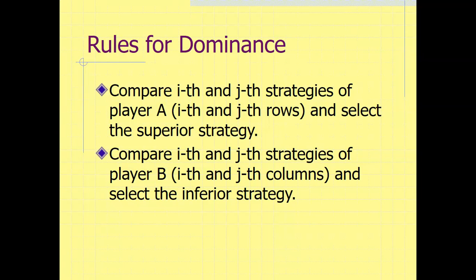If all the elements of a column of a payoff matrix are greater than or equal to the corresponding elements of the other column, then player B, the minimizing player, will never choose the column with greater values.